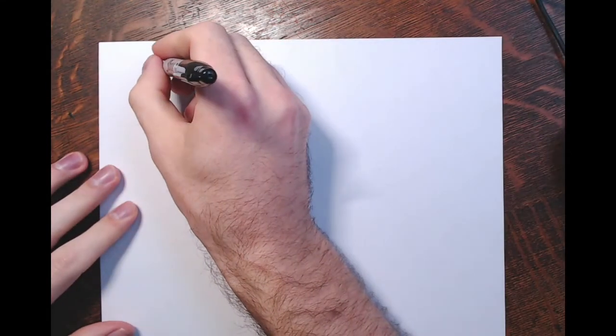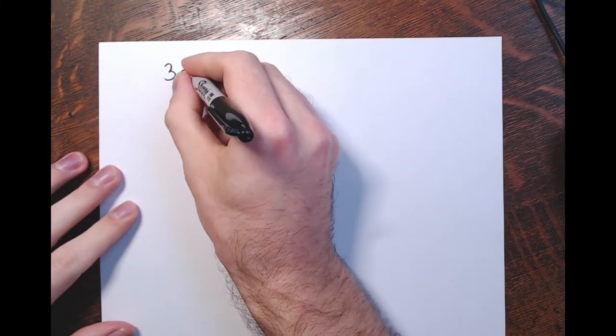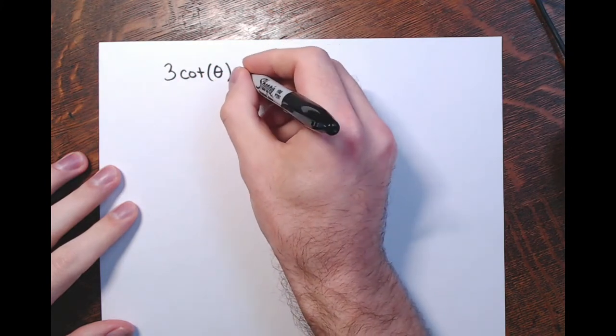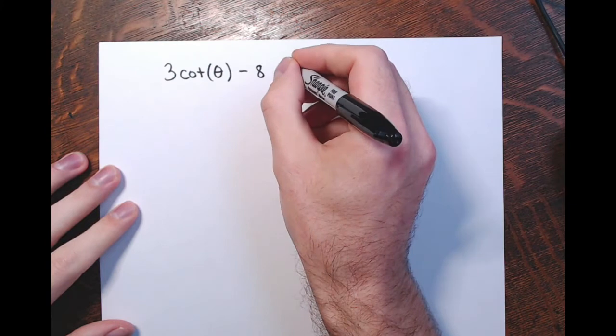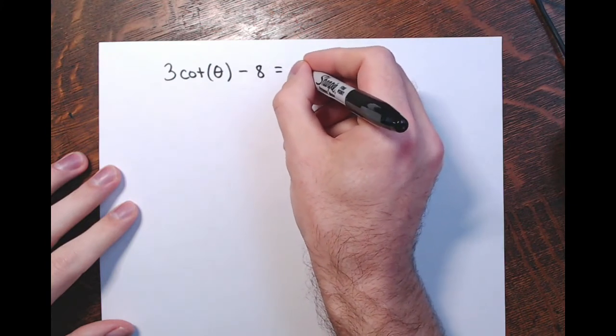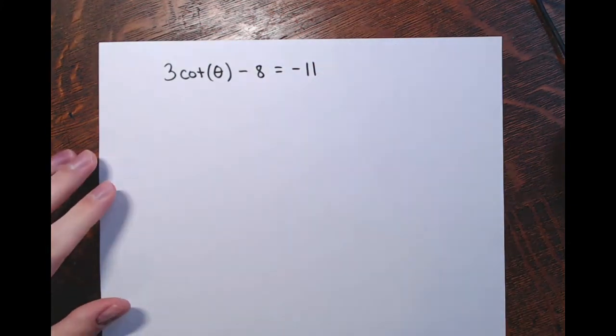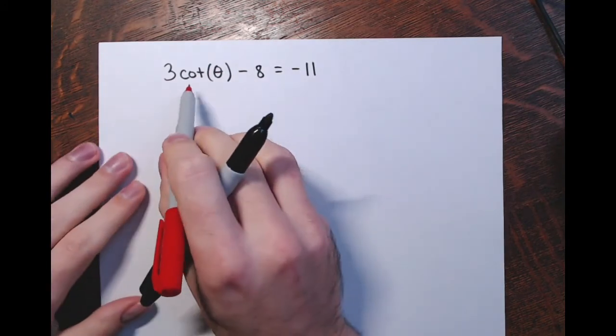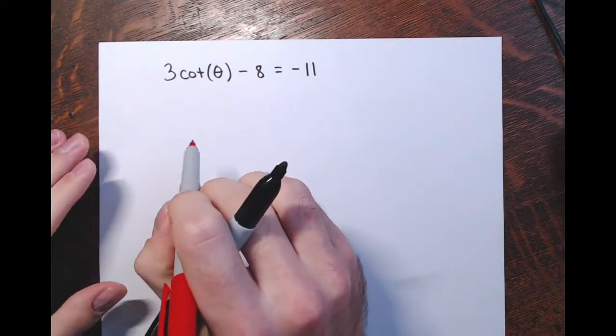So I have 3 times the cotangent of theta minus 8 equals negative 11. Alright, so just like your sine and cosine equations, I want to isolate the trig function. I want to get this cotangent of theta alone.